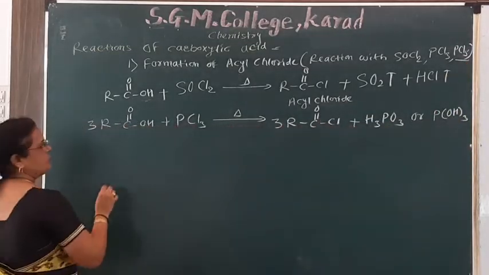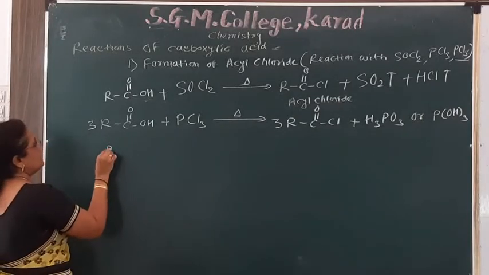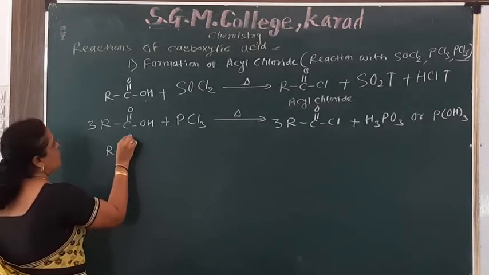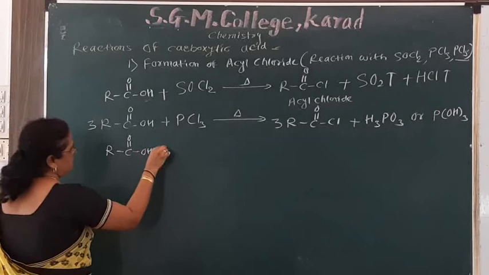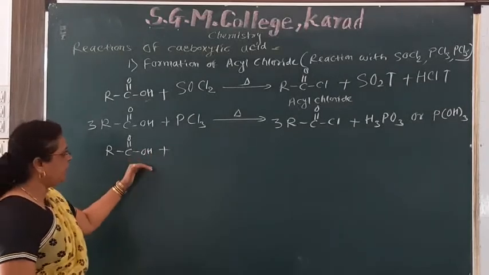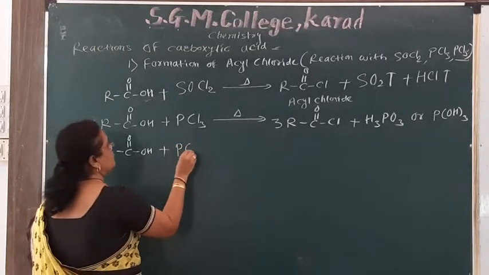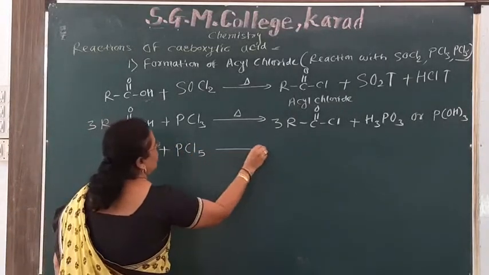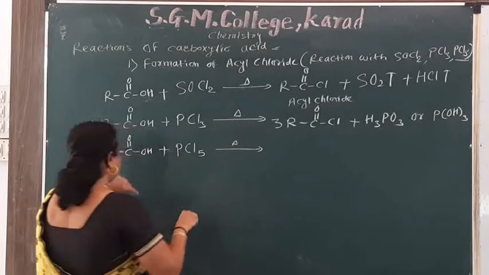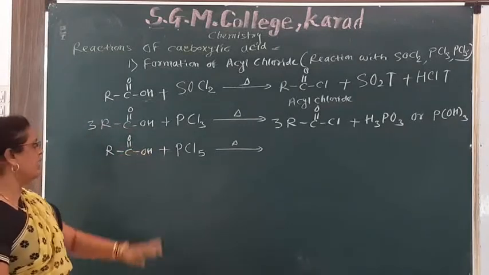Then third, the reaction with phosphorus pentachloride. In this case, when carboxylic acid RC double bond OH is heated with phosphorus pentachloride PCl5, then this gives acyl chloride.